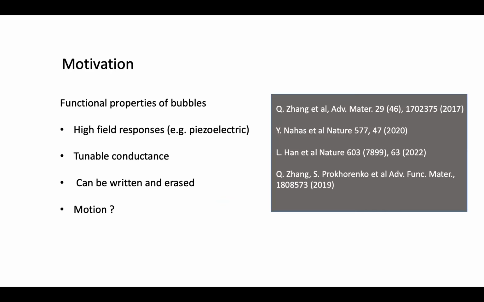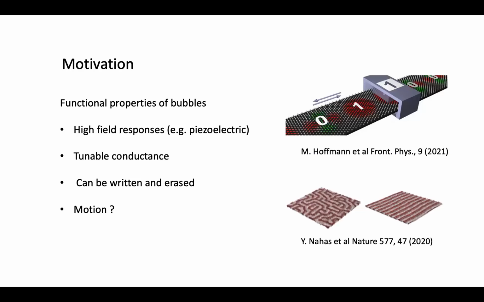Now, with respect to the applications, bubbles were shown to have many interesting functional properties. For instance, high responses to external fields, tunable conductivity. They can be written and erased with electric fields and pressure. Now, what about the motion? I hope I convinced you that bubbles share many similarities with spin skyrmions, and those can be moved, which led to this concept of the racetrack memory.